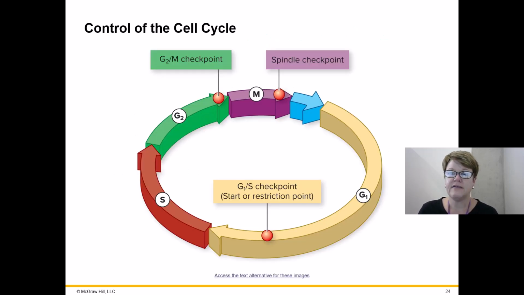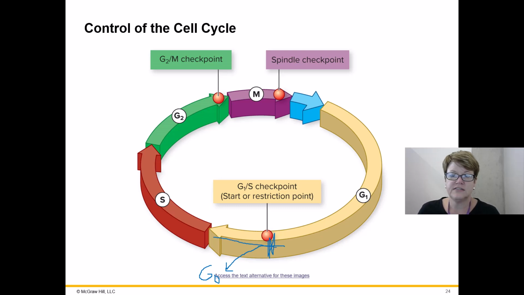And so here we have that same pie diagram, that same clock diagram, but now they've added the checkpoints. Right about here is where the cell is checking to make sure everything is ready to go into S phase, or the cell can off-ramp here into that resting state called G0.